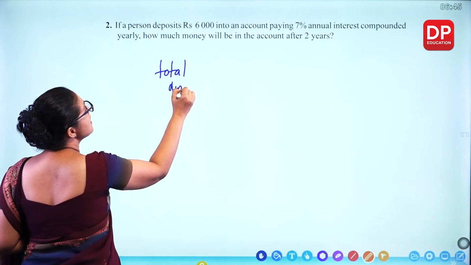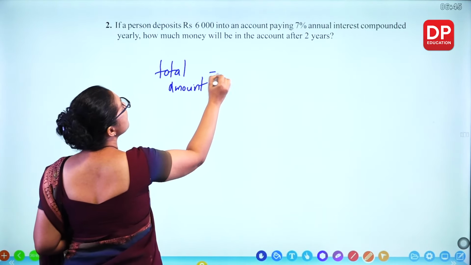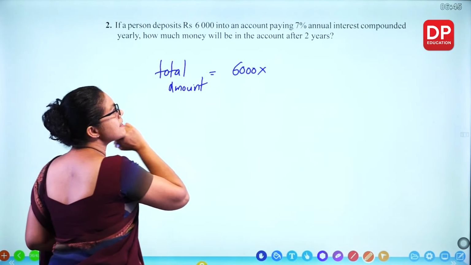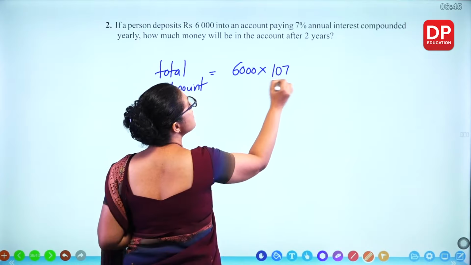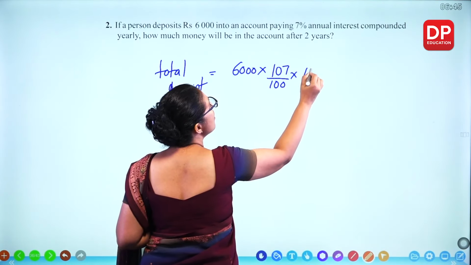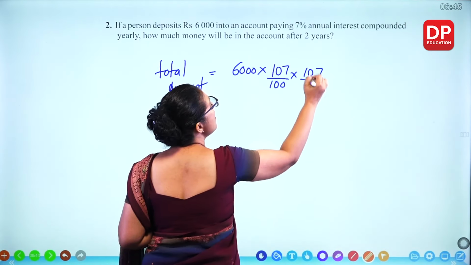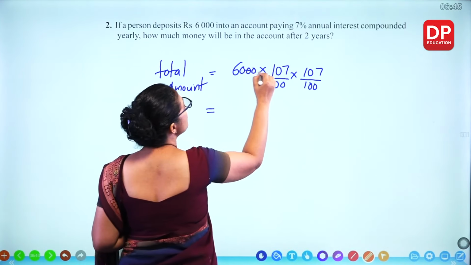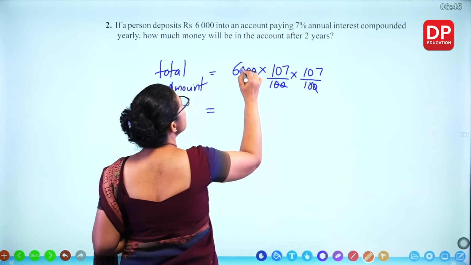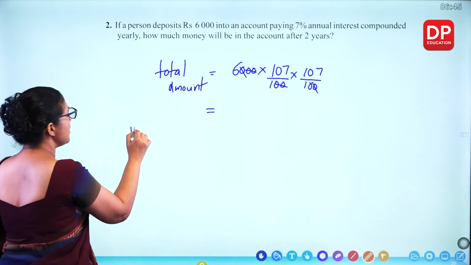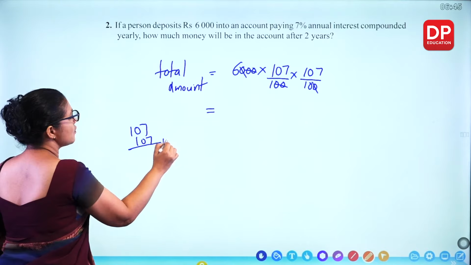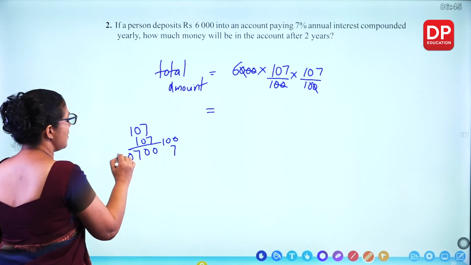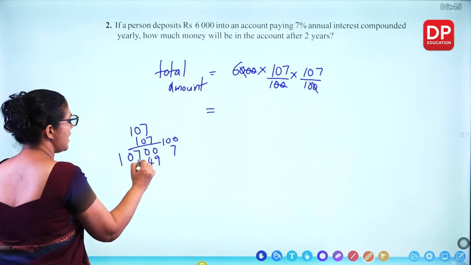Total amount is initially 6,000 rupees, 7% compounded annually, so 107 over 100 into 107 over 100, because this is for 2 years. 2 zeros get cancelled out with 1 zero here. 107 times 107. So multiply by 100 and then 7. 7 not 1, 49 and 7.